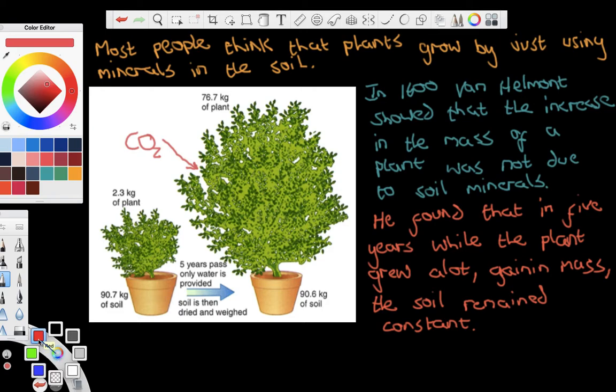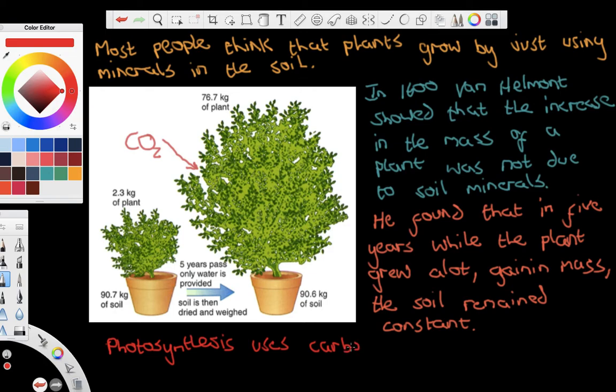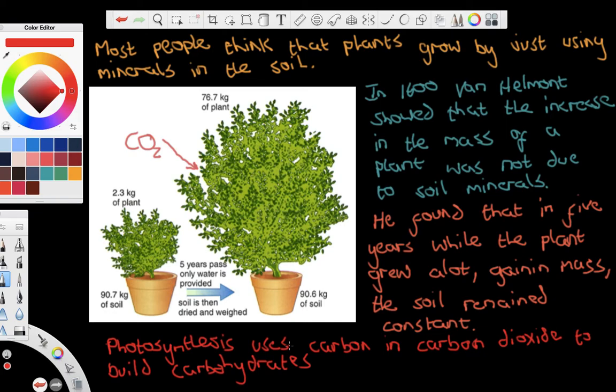So we can say underneath, and I'm going to put it in red because it's important, that photosynthesis uses carbon in carbon dioxide to build carbohydrates to allow plants to grow.